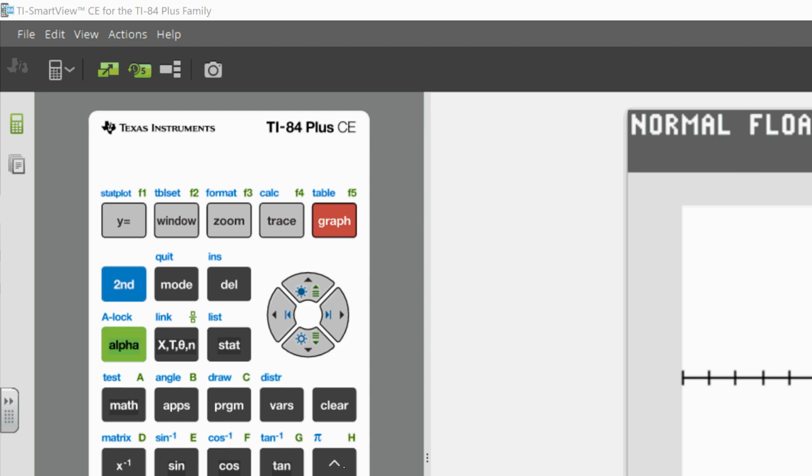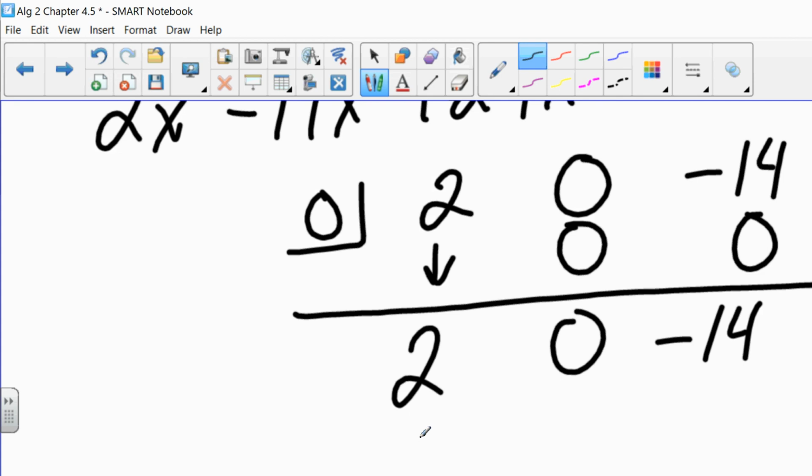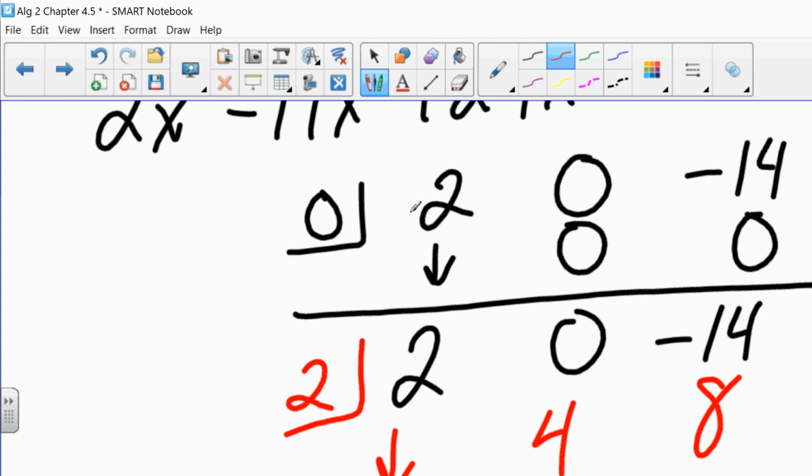So what that means for us is that 0, will it work again? No. So we can move on to 2 or negative 2. Which one do y'all want to do first? 2. 2 times 2 is? 4. 0 plus 4 is? 4. 2 times 4 is? 8.